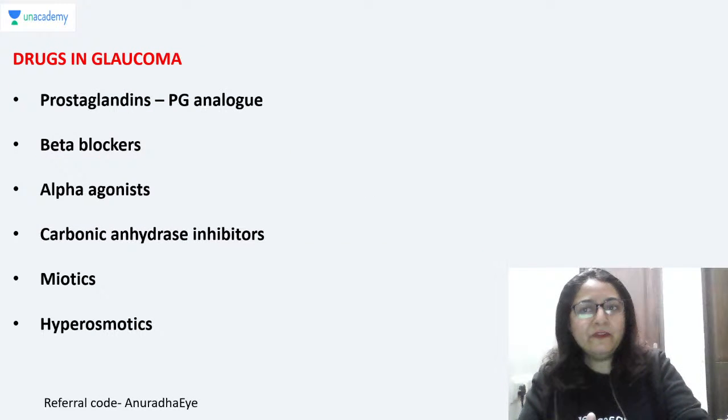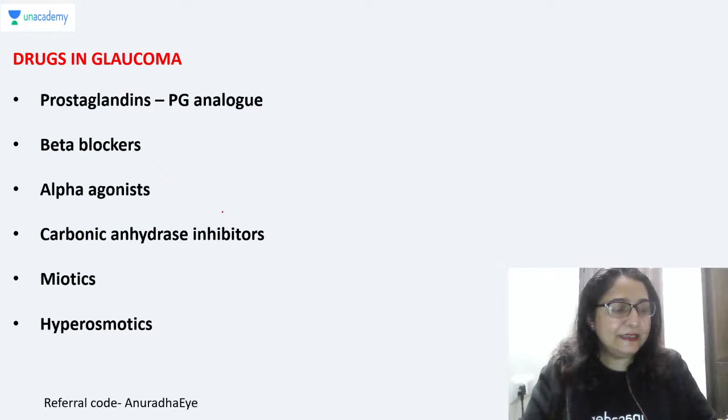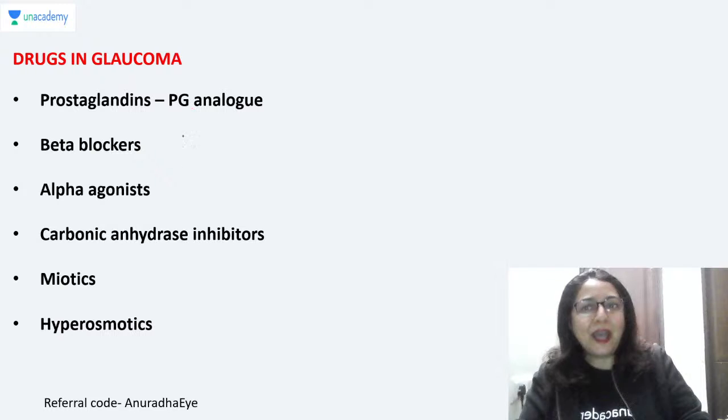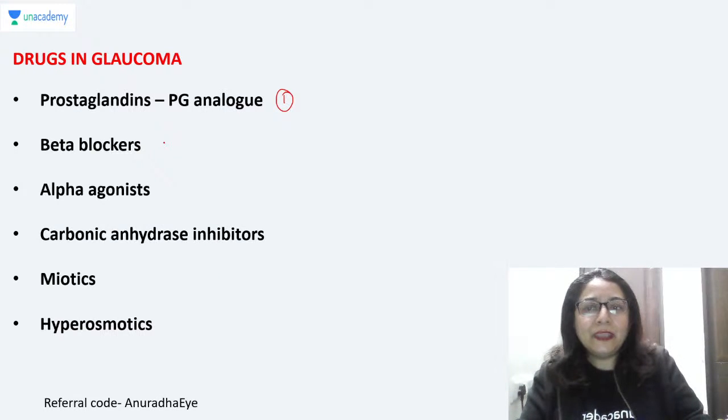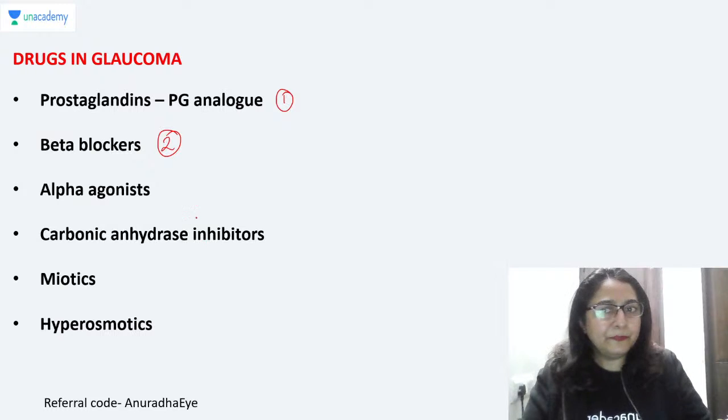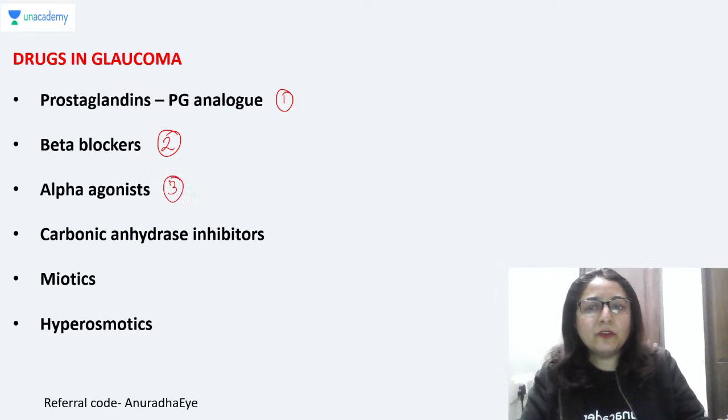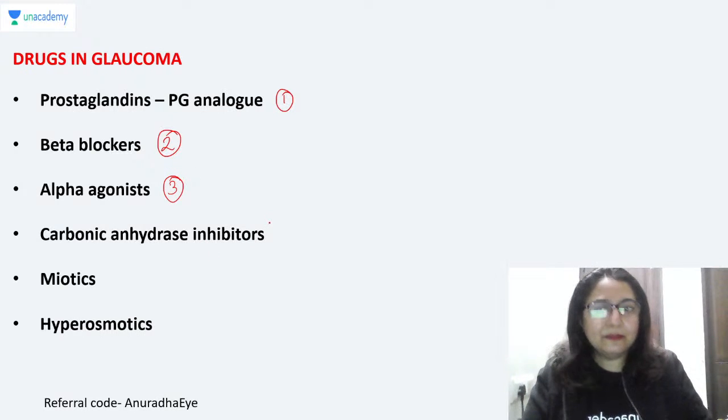So if we list all these drugs, they can be listed as I have given in this slide. Number one are your prostaglandin or PG analogs. Then are your beta blockers. The third group is of alpha agonist drugs.